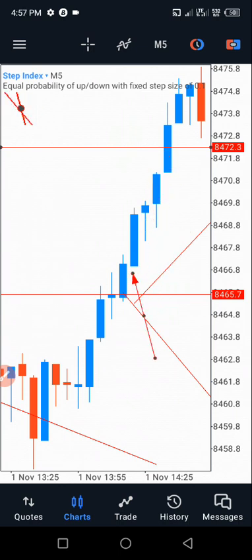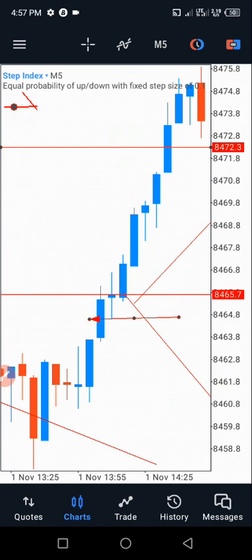and then it took my stop loss out. So for a safe entry, I should have waited for the market to close with a sell below this previous candle here.